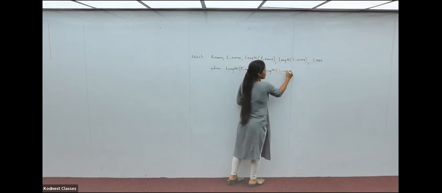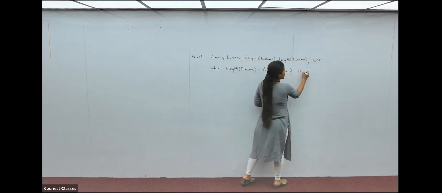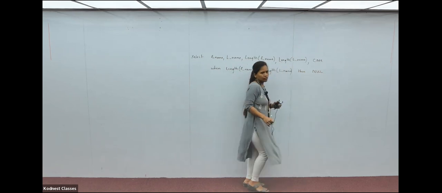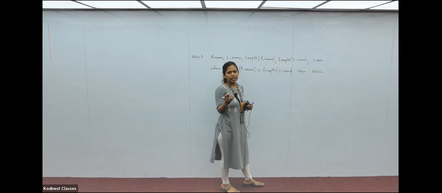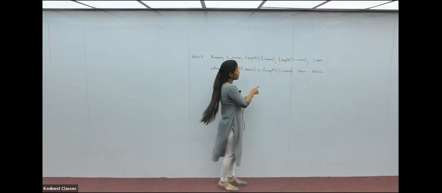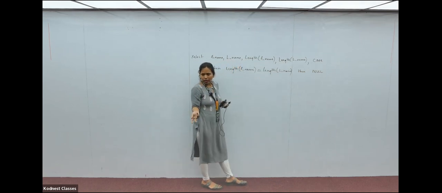last name, then what should be displayed? Null. And null keyword, that null. If it is not equal, it should display the length of the first name. If it is not equal means definitely in one case when you have told equal, else everything will be not equal only.